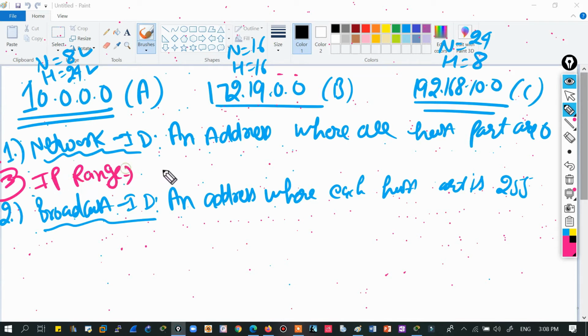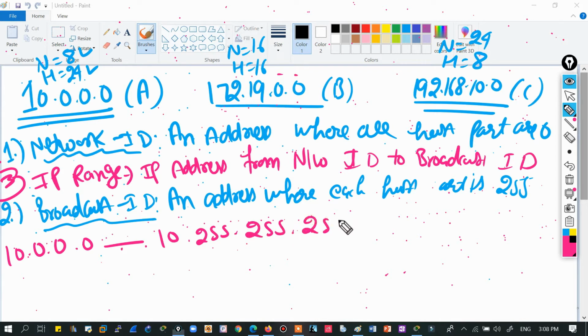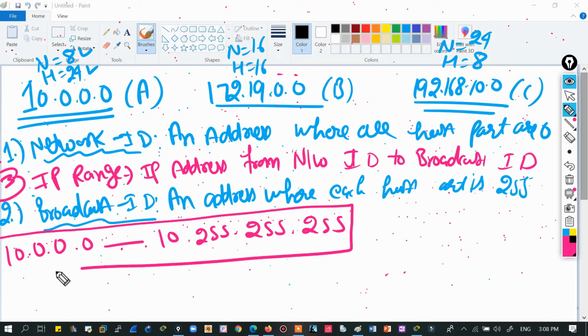IP range means the IP addressing from your network ID to broadcast ID. It means 10.0.0.0 to 10.255.255.255. In the 10.0 network there are this many IP addresses. So this is the range.